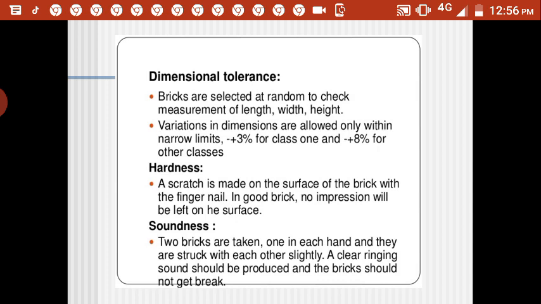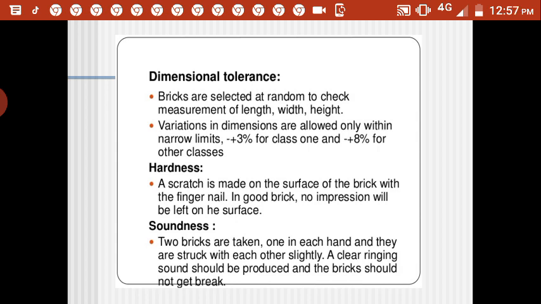If they ask what kind of tests you are going to conduct on the bricks, you explain: first, compressive strength; second, the water absorption test; third, efflorescence; fourth, hardness; and fifth, the soundness test.